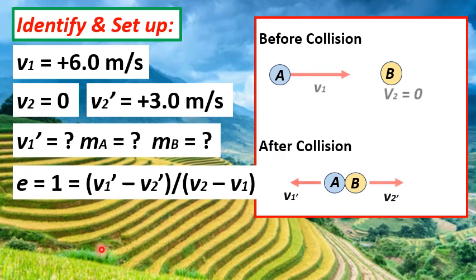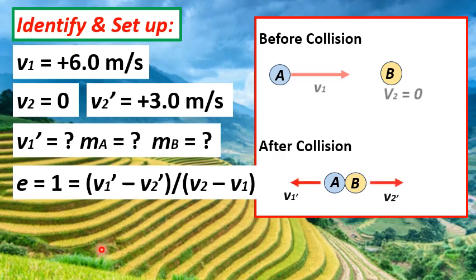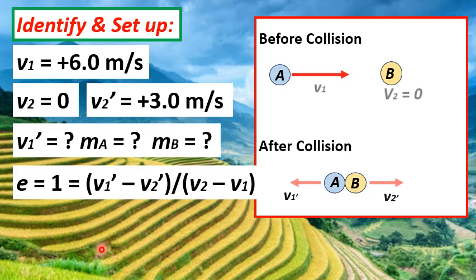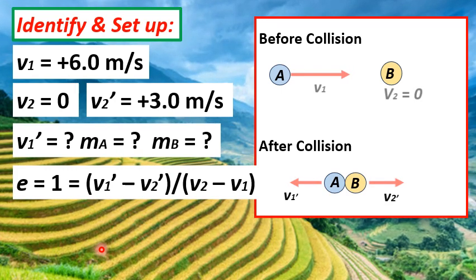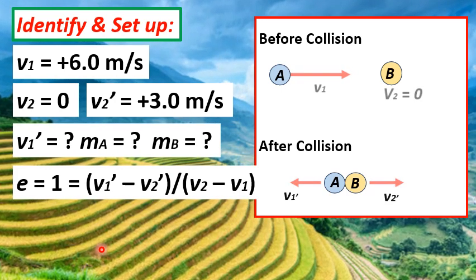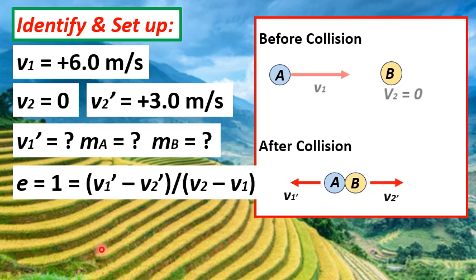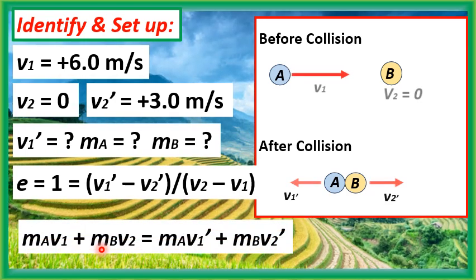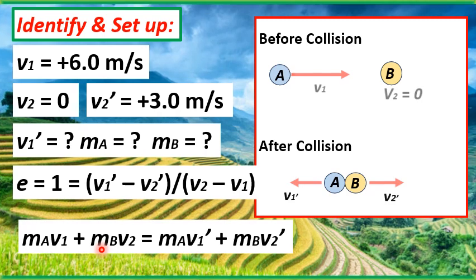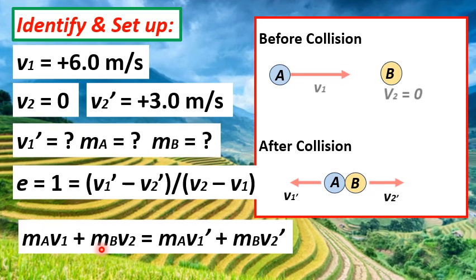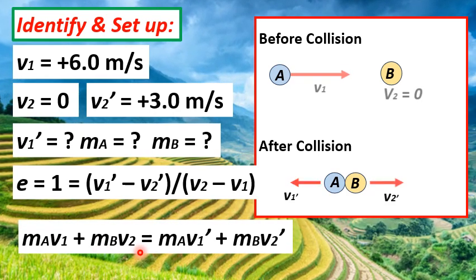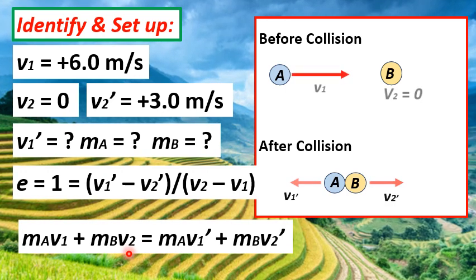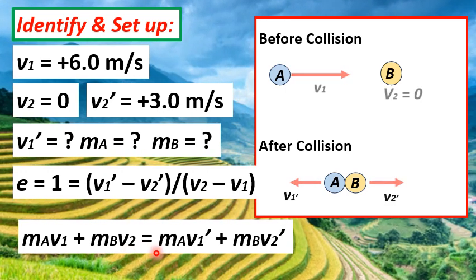And in this problem, we write the equation for the conservation of linear momentum in terms of their masses and velocities. That is, mA times v1, which is the momentum of object A before the collision, plus mB times v2, that's the momentum of object B before the collision.